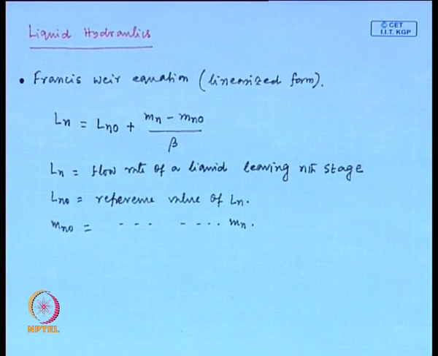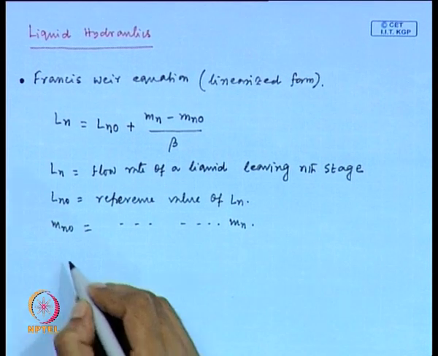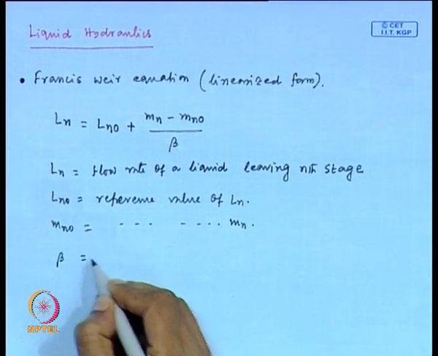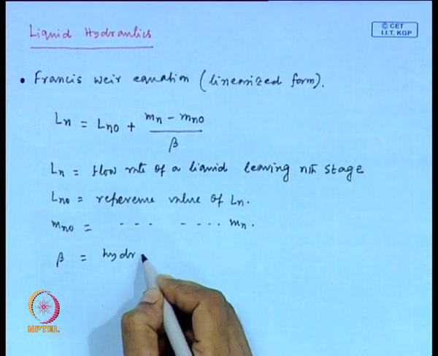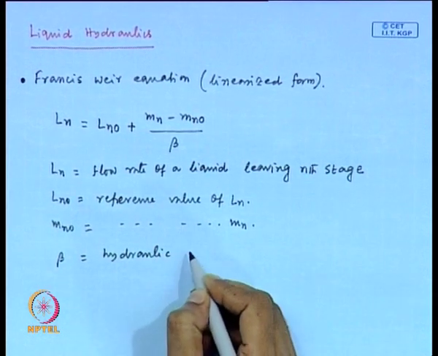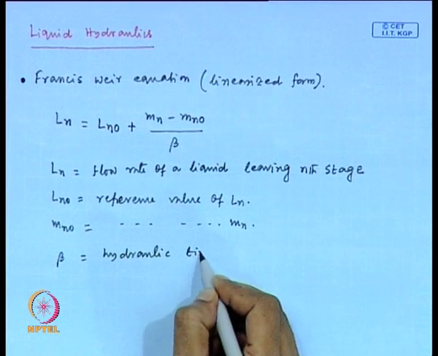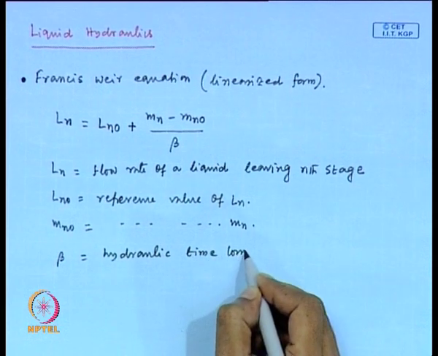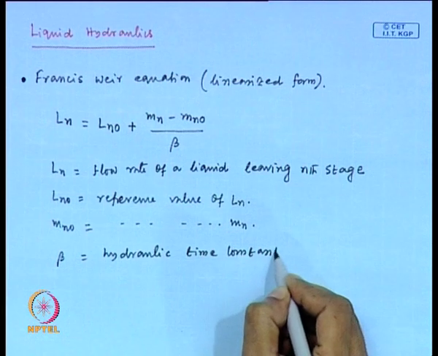Another term is included in the Francis-Weir formula, that is beta. Beta is hydraulic time constant.